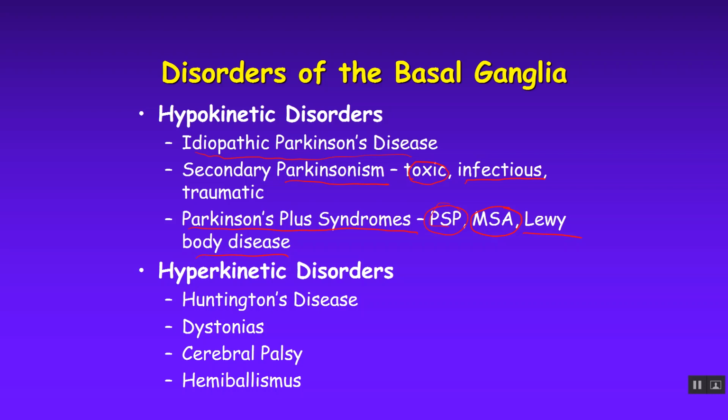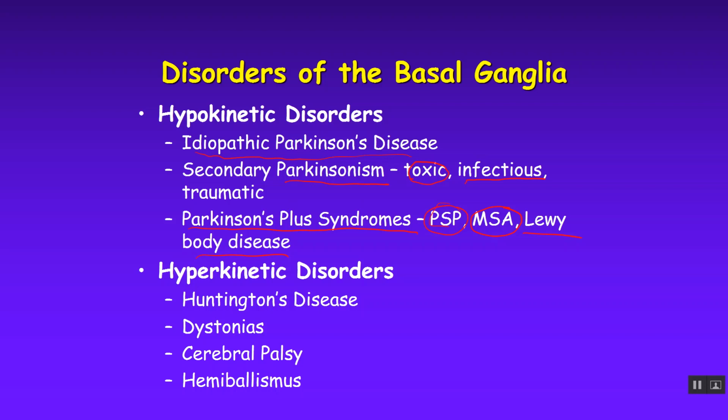The choreic athetosis form of cerebral palsy causes damage to certain parts of the basal ganglia circuitry that cause too much movement. And then hemiballismus, remember, is a stroke in the subthalamic nucleus. The subthalamic nucleus is part of the indirect loop, which helps to decrease movement. When you damage the subthalamic nucleus, the indirect loop isn't doing its job and you have too much movement.